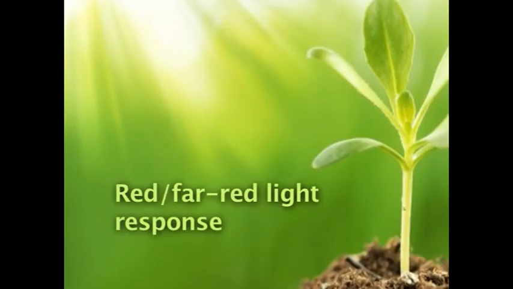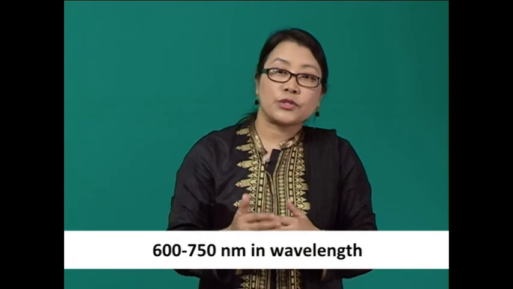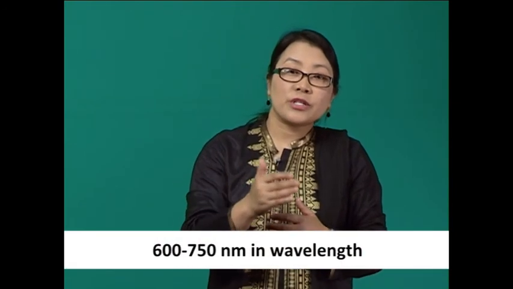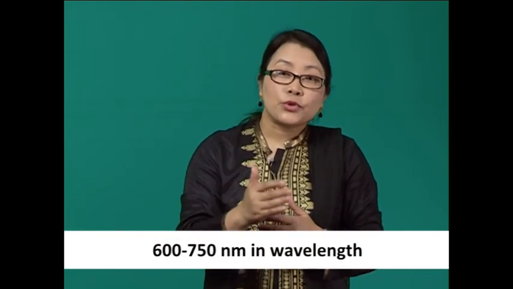Next, let us see about the red and far red light response in plants. Plants respond to red and far red wavelengths of light ranging from 600 to 750 nanometer in wavelength by photoreceptors known as phytochromes.